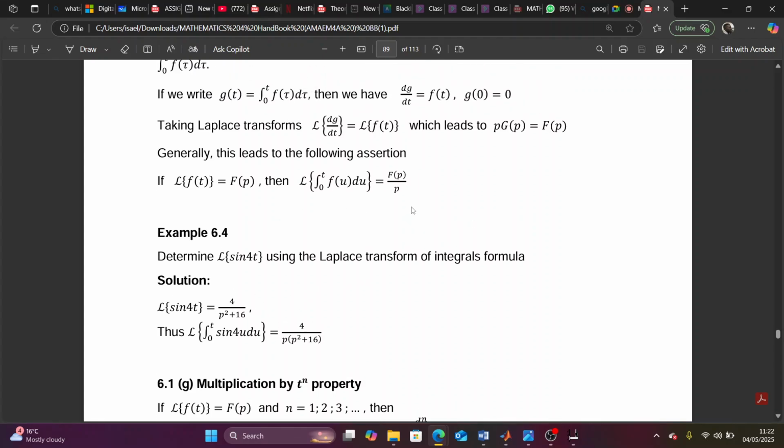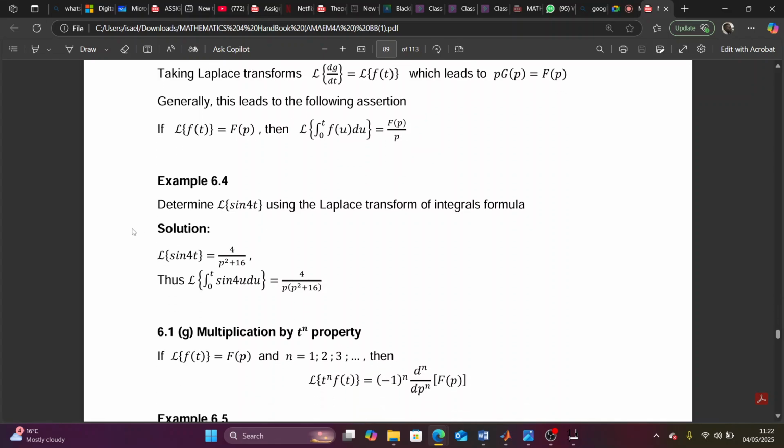What does the formula say, Mr. Trinici? It says that the Laplace of the integral of f of u du is equal to F of p divided by p. Can we apply it here first on this simple one, Mr. Trinici?